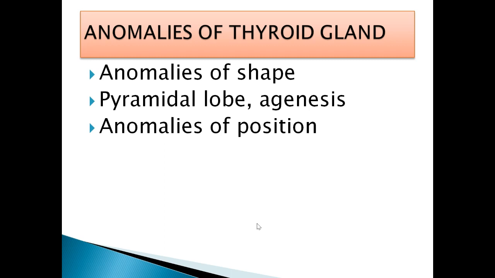Abnormalities of the position: the thyroglossal duct passes through the tongue, in front of the hyoid bone, in front of the laryngeal cartilages, then reaches in front of the trachea. Just imagine it may start before the trachea, in front of the hyoid bone, in front of the laryngeal cartilages, or in the tongue itself. So there may be abnormalities of the position.